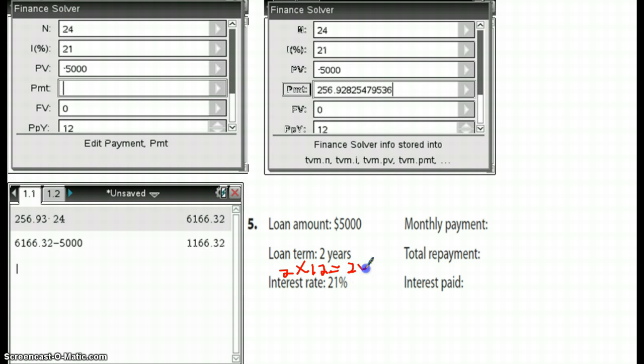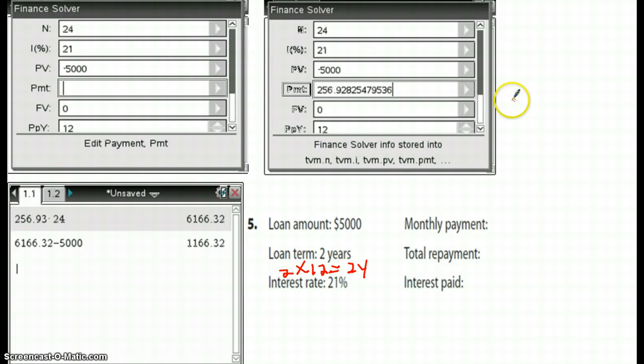That's going to be my N. Once I do that, my interest is 21. So it goes here. Again, present value is minus 5,000. I'm going to leave payment blank, 0. Future value 0, payments per year 12. Okay, then I will highlight payment and hit enter on my calculator.